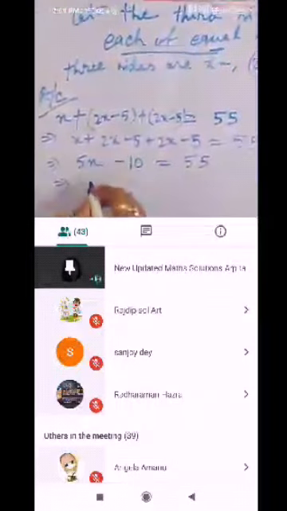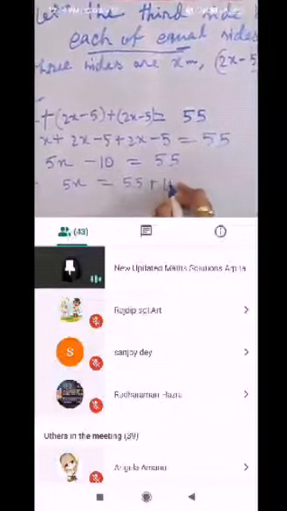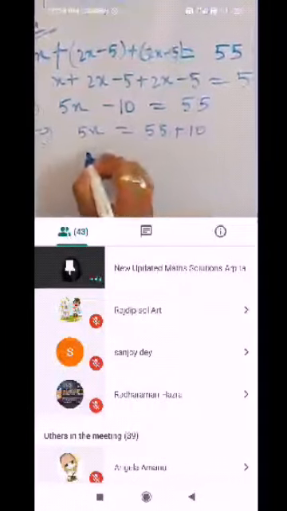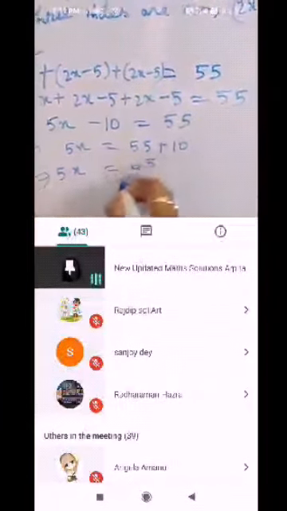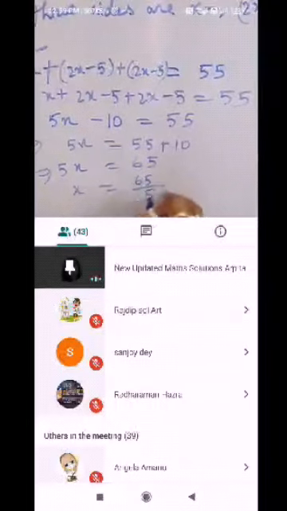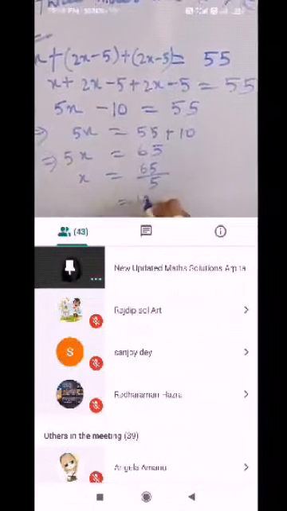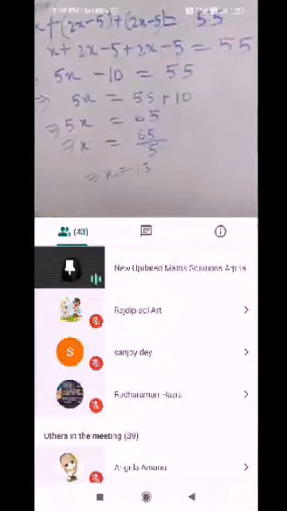That means 5x equal to 55 plus 10. 5x equal to 65. Then x equal to 65 by 5. That means x equal to 13.